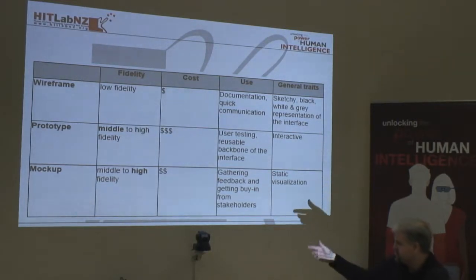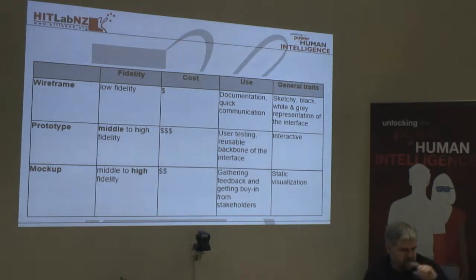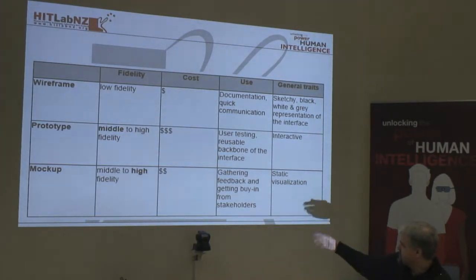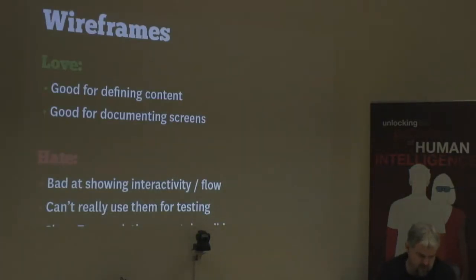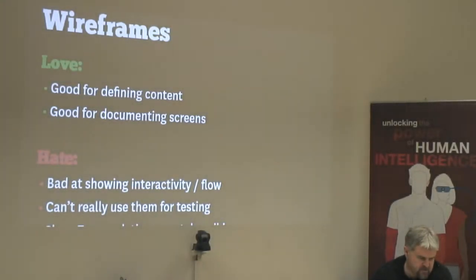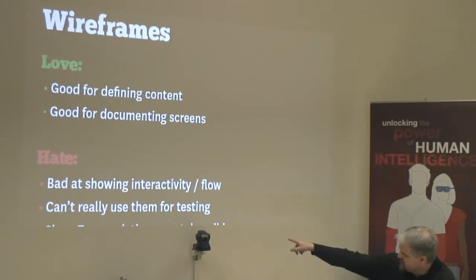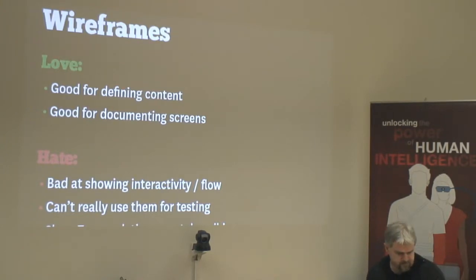Start getting feedback from the stakeholders, so people who project will look at the visual design and say, oh, the buttons are too big, or I want this color, this different color. So you can see that wireframing is really good for defining content. But it's quite bad for showing interactivity. Last thing, quite slow to build.